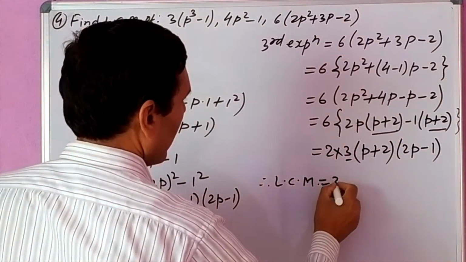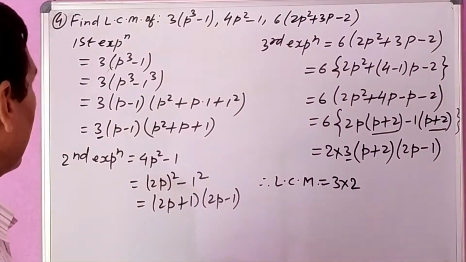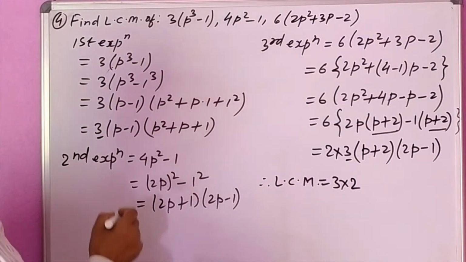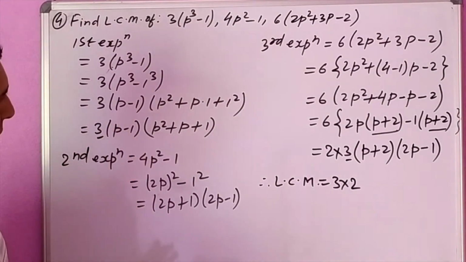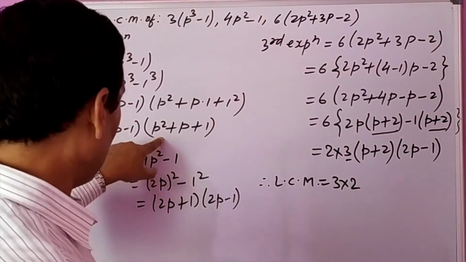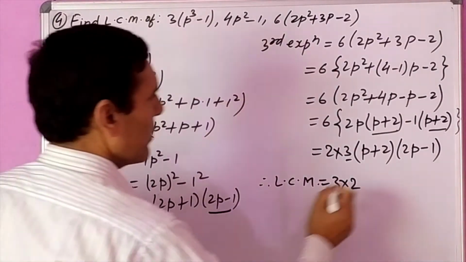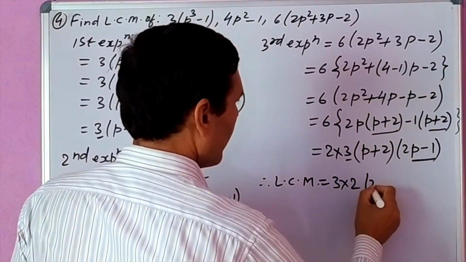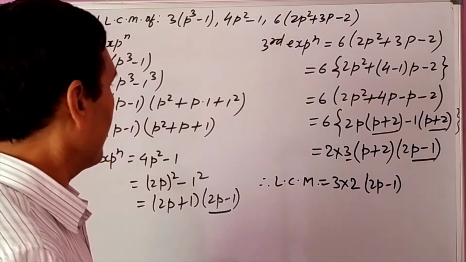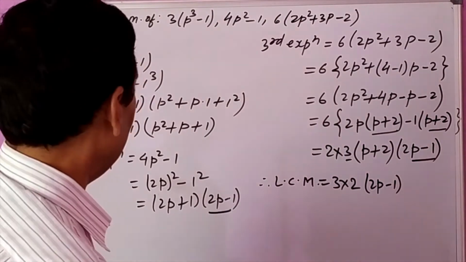This 3 is common, and this 2 will be remaining outside of the bracket, and inside the bracket p minus 1. We don't have another p minus 1, and p² plus p plus 1 also we don't have. And here we have 2p minus 1 in the second and third expression, and we don't have any other factor common here.